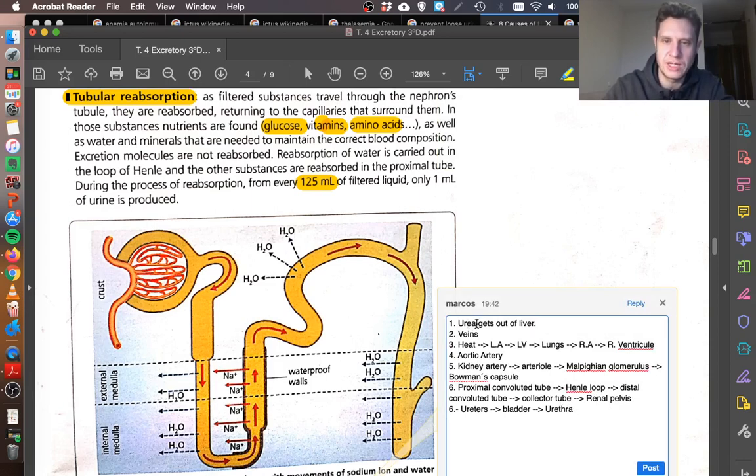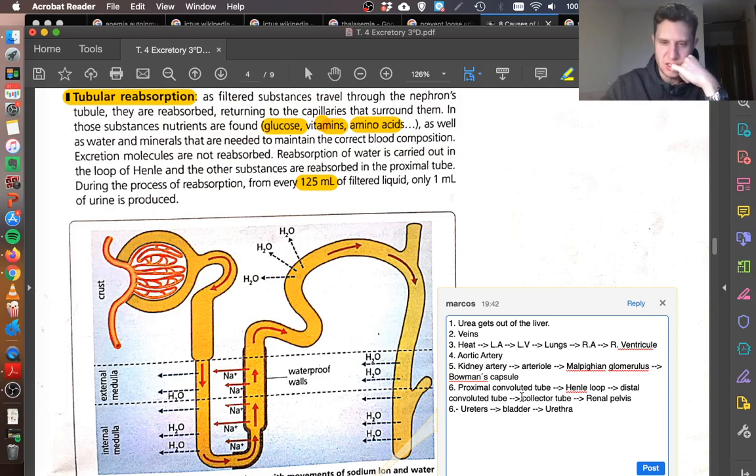Okay, urea gets out of the liver, goes out to the veins, heart, left atrium, left ventricle, lungs, right atrium, right ventricle, artery, kidney artery, arterial, Malpighian glomerulus, and Bowman's capsule.